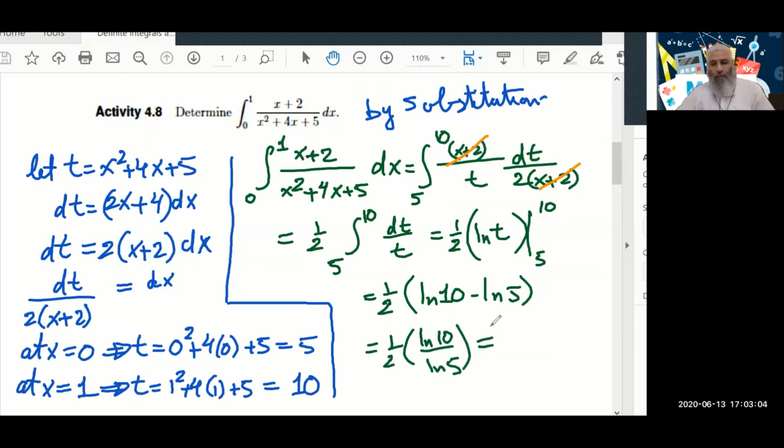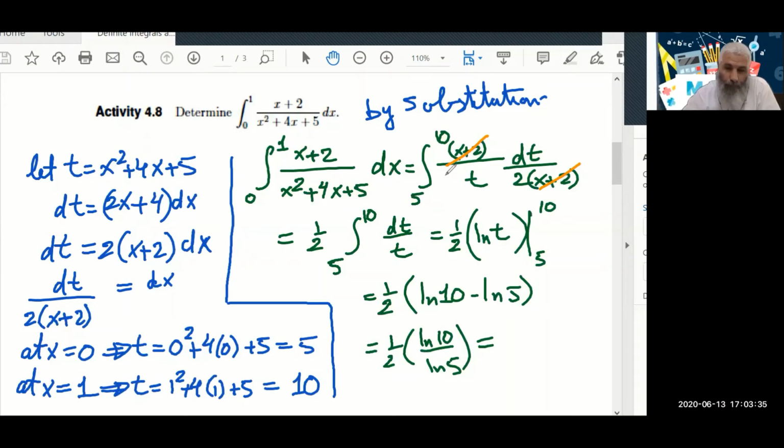Ustaz, just a moment. Can you explain why we don't use t when we do ln? Why don't we write t as x squared plus 4x plus 5, as we did before in integration? We don't need to, because we have limits.